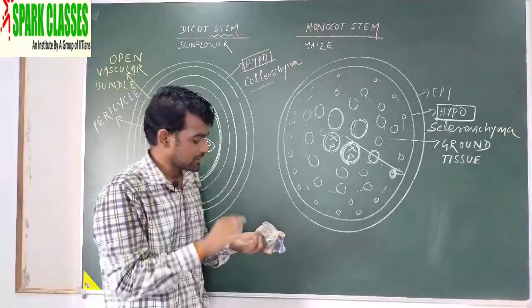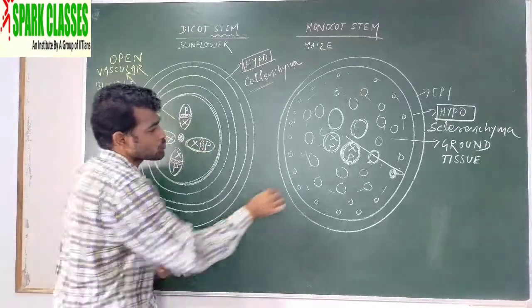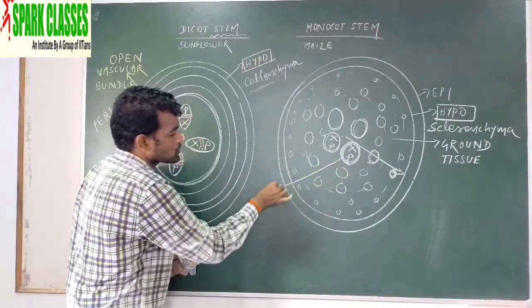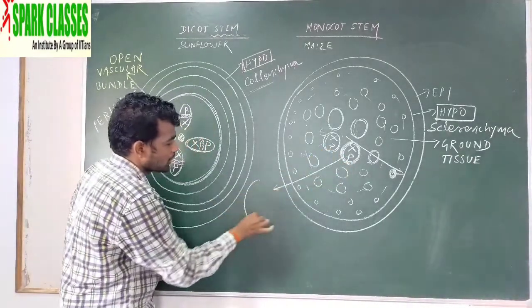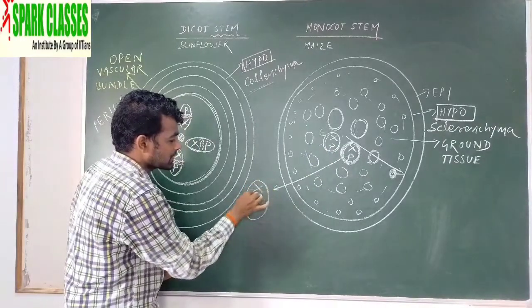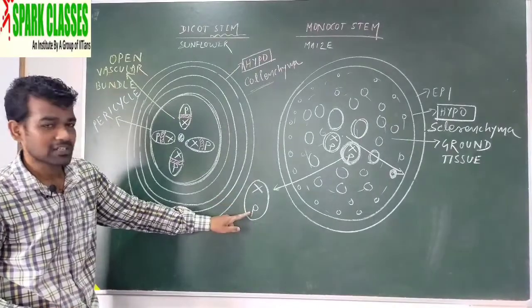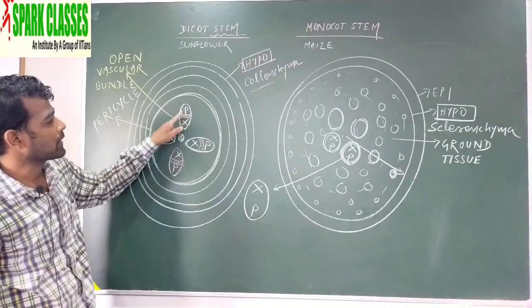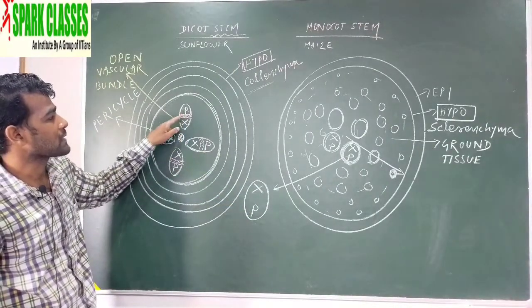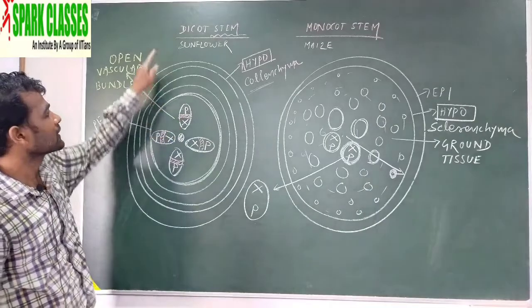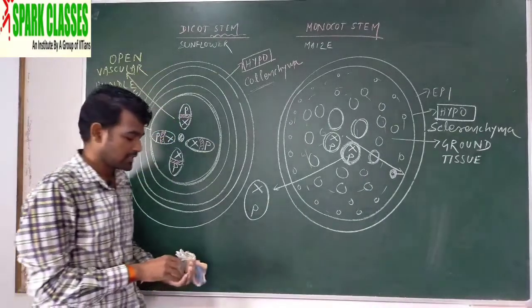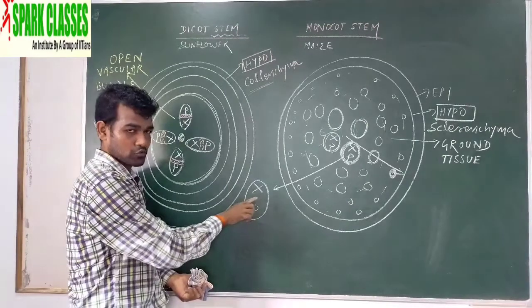And one important thing you remember: I am showing one vascular bundle outside. Xylem is present, phloem is present. Compare with this xylem and phloem. Xylem and phloem are separated by a band of meristematic tissue in case of dicot, but here there is no band of meristematic tissue.